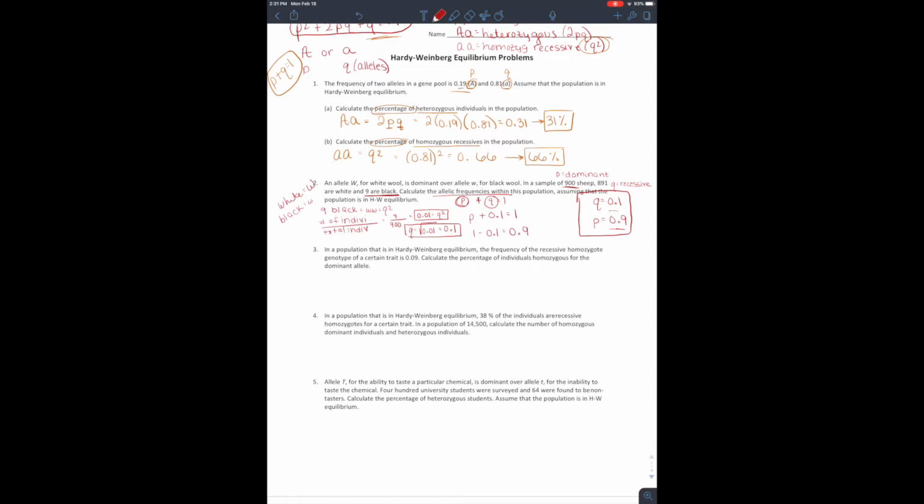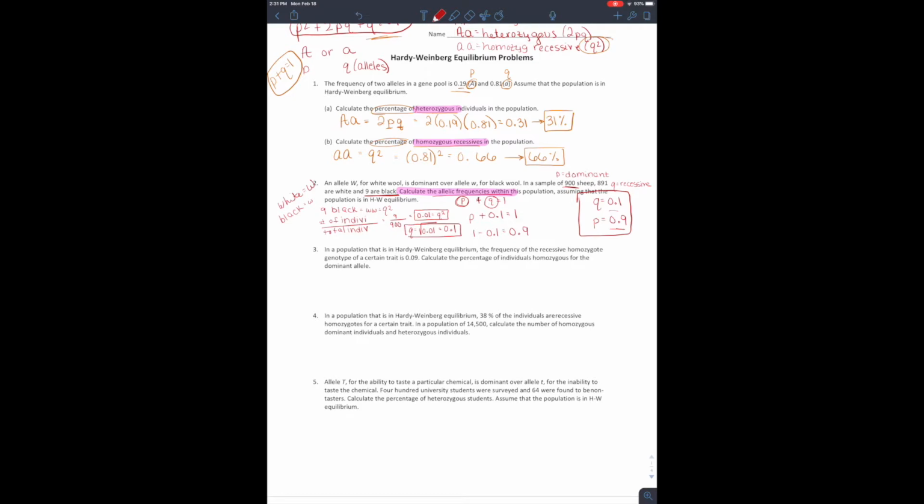So this one looked like it was going to be complicated. It wasn't. You need to read what it wants to know about. So this one wanted to know the allelic frequencies within this population. Number 1 wanted to know the heterozygous individuals, and it wanted to know the homozygous recessive individuals.